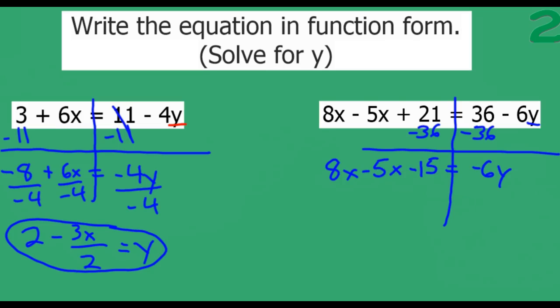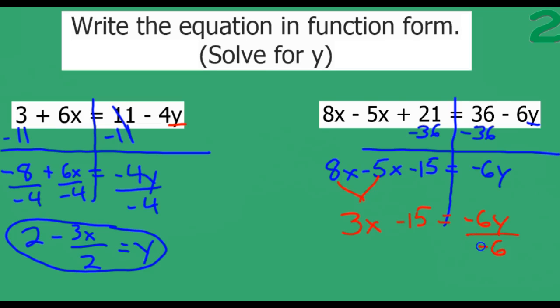Now, I do have two x's on this side now, so I can combine them. 8x minus 5x is going to give me 3x minus 15 equals negative 6y.